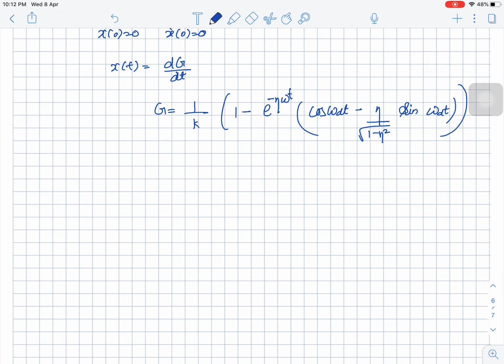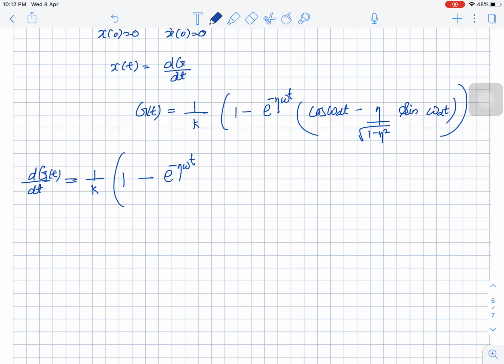This is g of t. So now we take dg by dt. We will take 1 by k, 1 minus, and we need to use the uv rule.